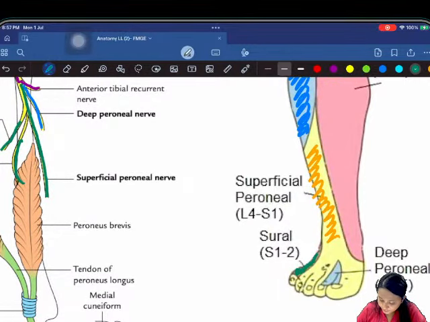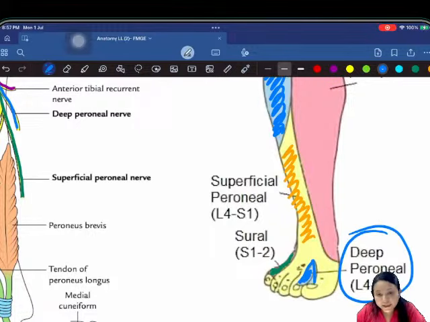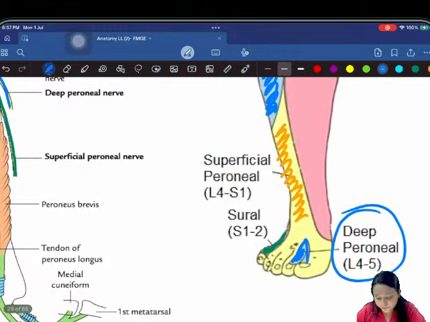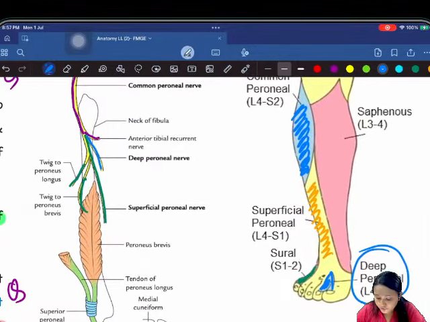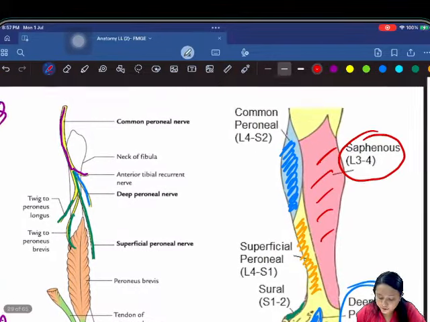And here in the first web space, very important, the first web space is supplied by the deep peroneal nerve. Entire dorsum except the first web space is supplied by the superficial peroneal nerve, and the lateral most part is supplied by the sural nerve. The medial most part will be supplied by the saphenous nerve. Okay, so that is the dermatome.